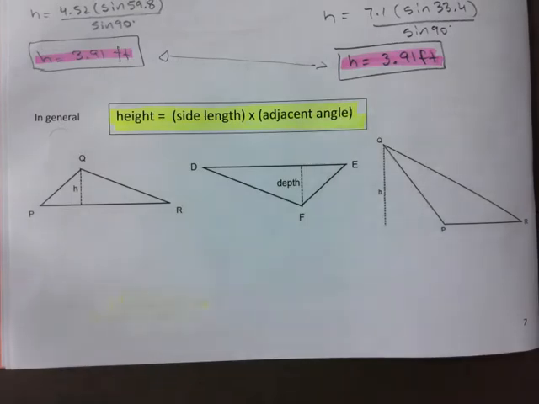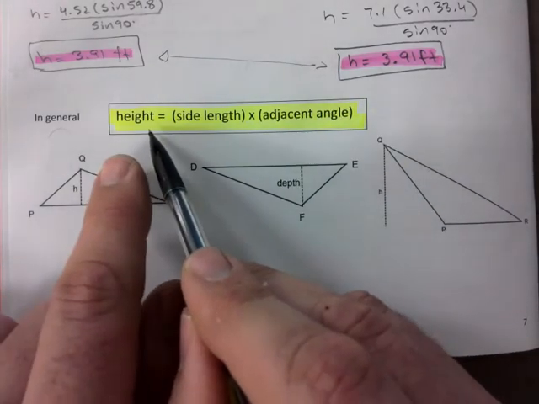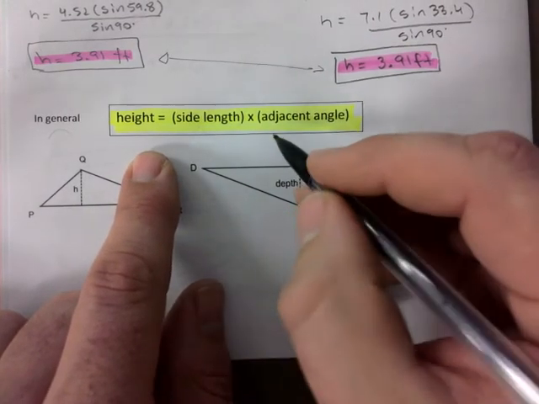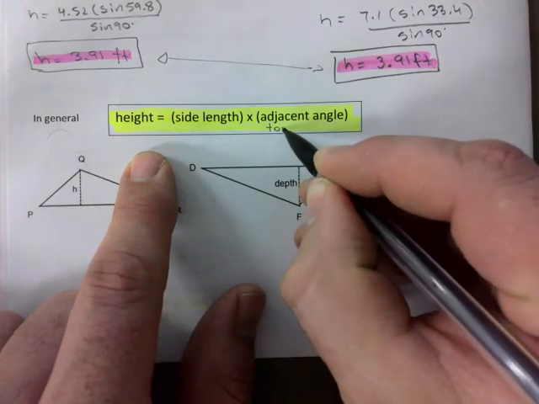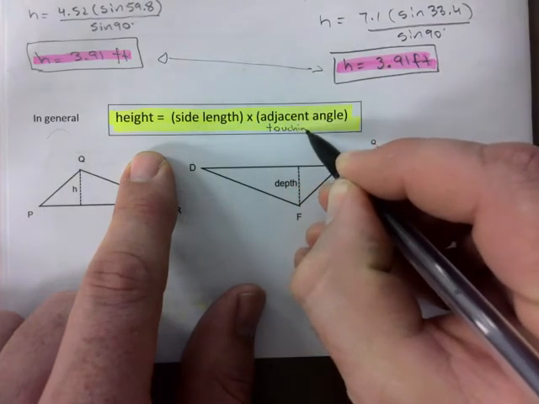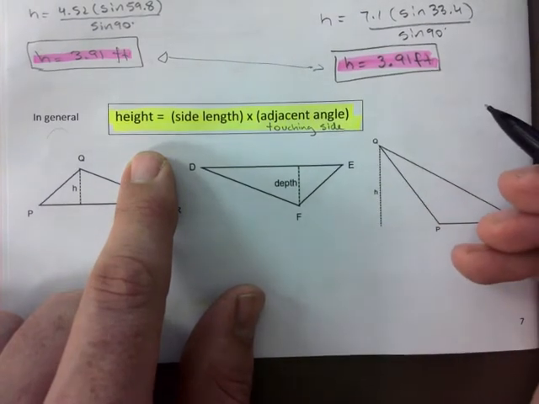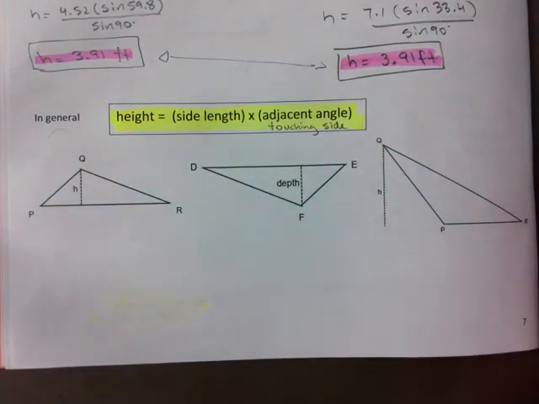And what does this mean here? Height is equal to side length times adjacent angle, touching side, right? It's the side length times the angle that's touching that side you're interested in.